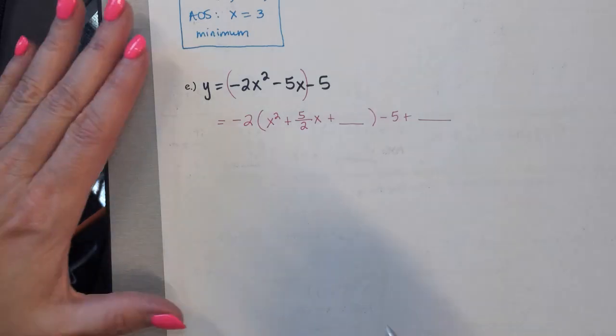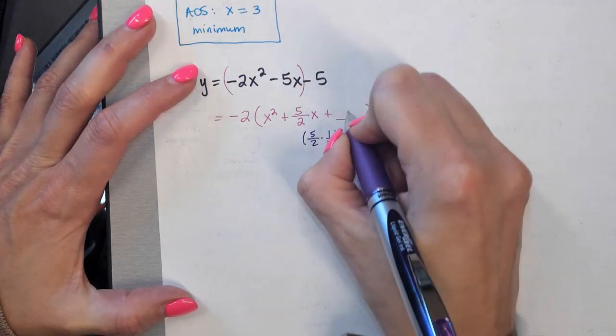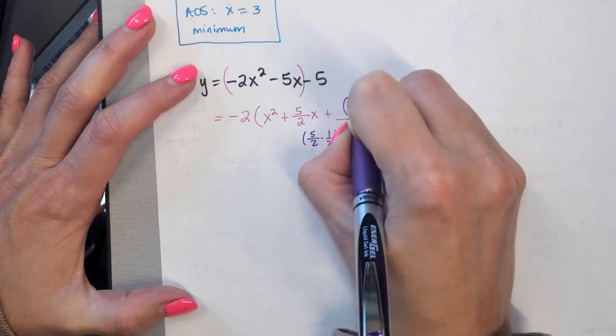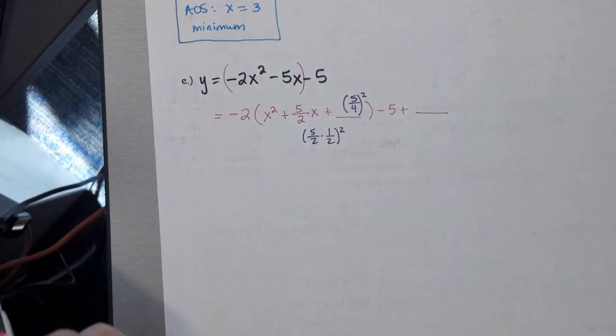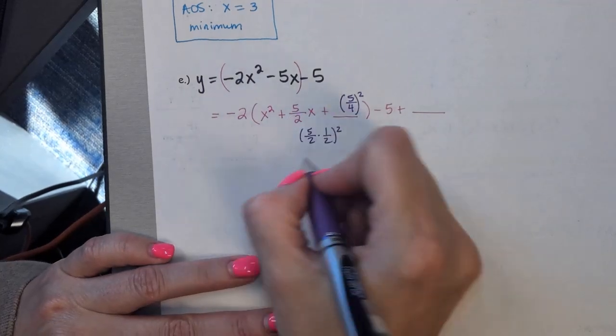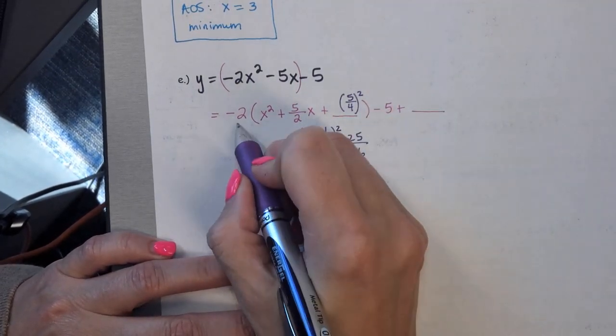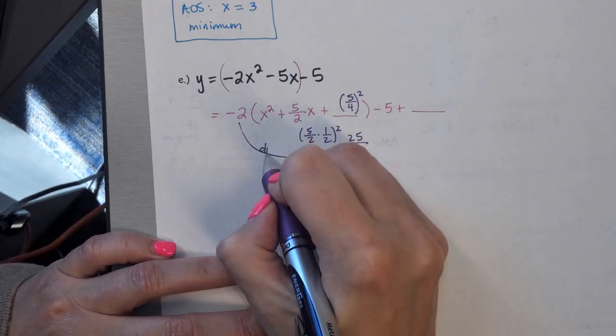All right, so when you multiply by a half, 5 over 2 times 1/2 is 5/4. All right, and then once you have this squared, 25 over 16, we're just going to distribute this, okay?